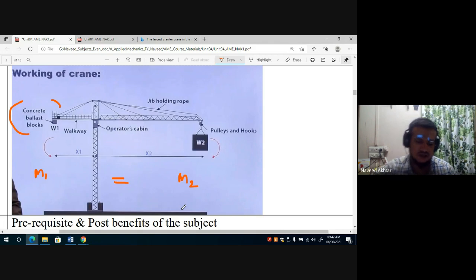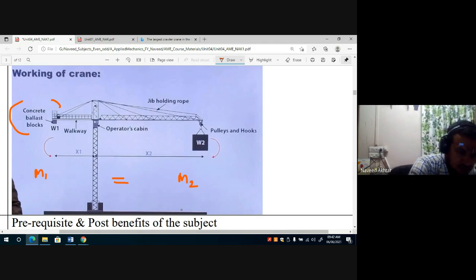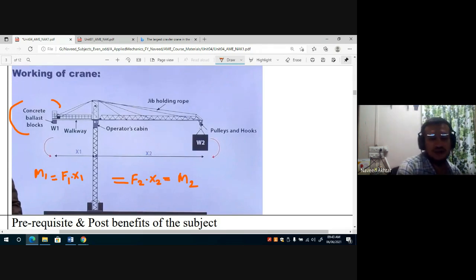The moment is the concept of moments of force you learn in your unit number 3: F1 into x1 is equal to moment 2, that is F2 into x2. This is your balancing moment, and that's why the operation of this crane is done. You can see these moments are balancing each other, and that is the example of equilibrium.